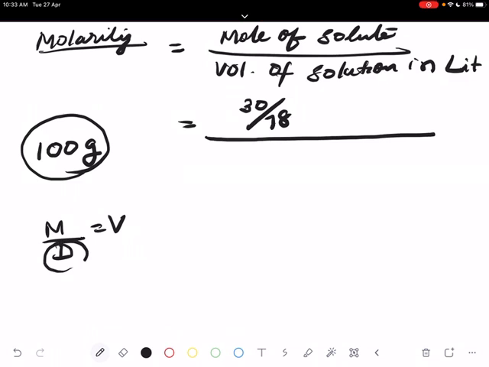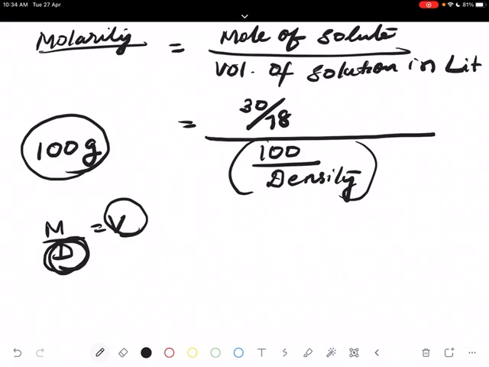So if they provide the density of the solution, you can find out the volume, and that volume you have to put in liters. In the previous question, they haven't given the density. If they give the density, you can write that 100 grams upon its density, and this much is ml.